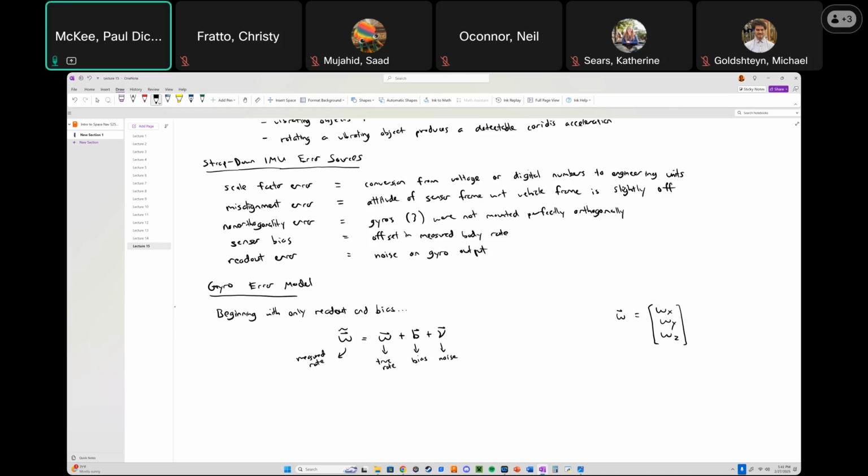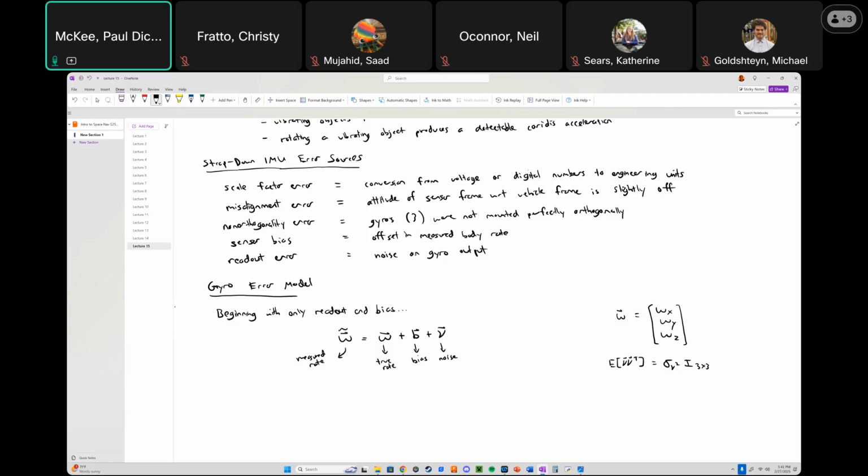And we'll also say that the noise has a measurement covariance of sigma nu squared I 3x3. So we're assuming that each of our 3 gyros have the same noise on each of them.